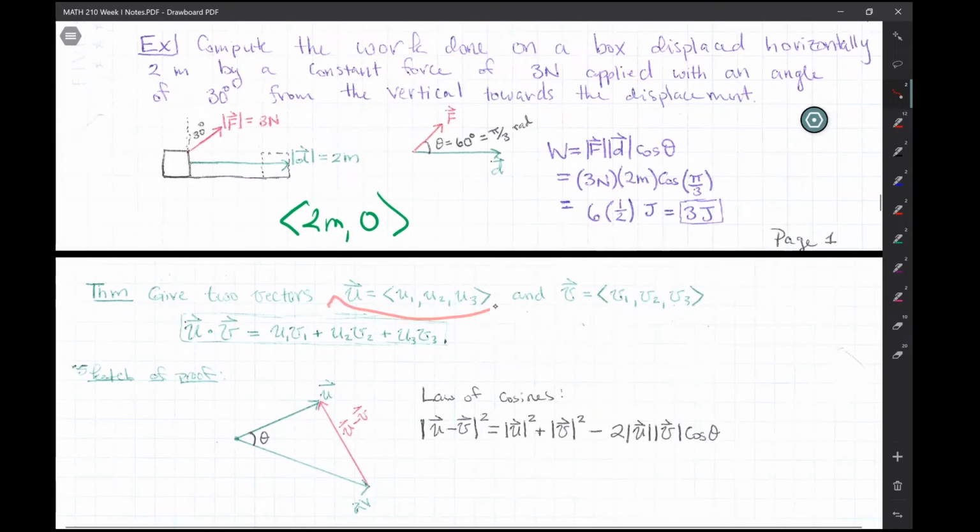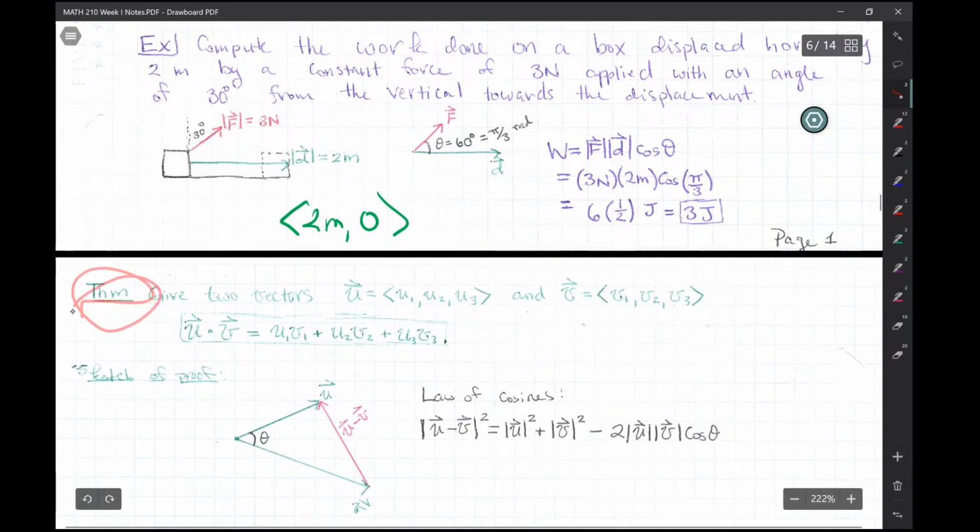Well, suppose you have these two vectors, and here we're giving them in R3. The dot product between them is equal to U1 times V1. So you would just take these two first numbers, multiply them together, add U2 times V2, add U3 times V3 to that.